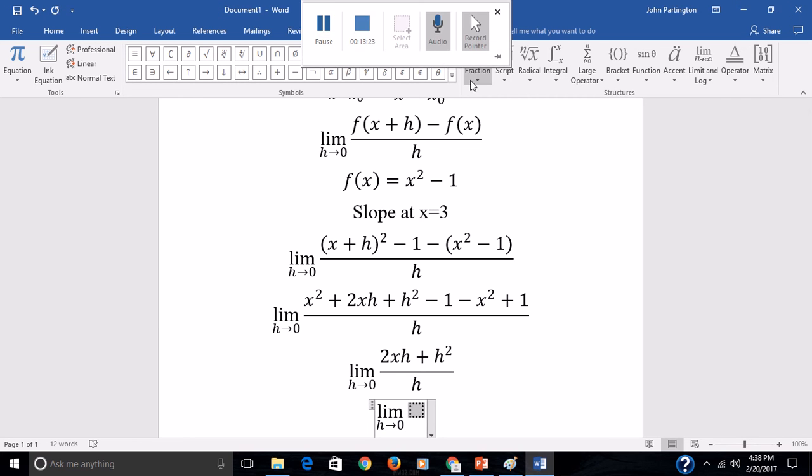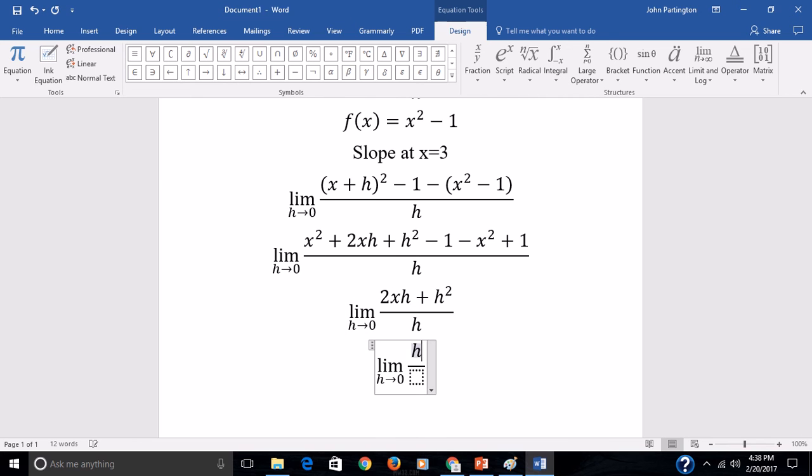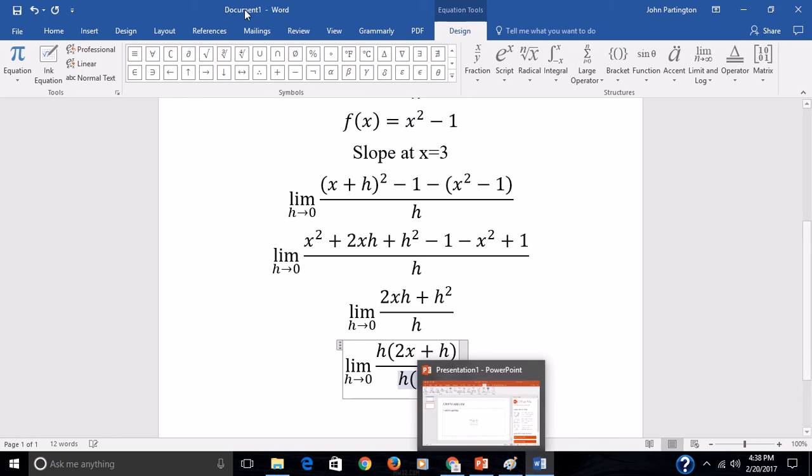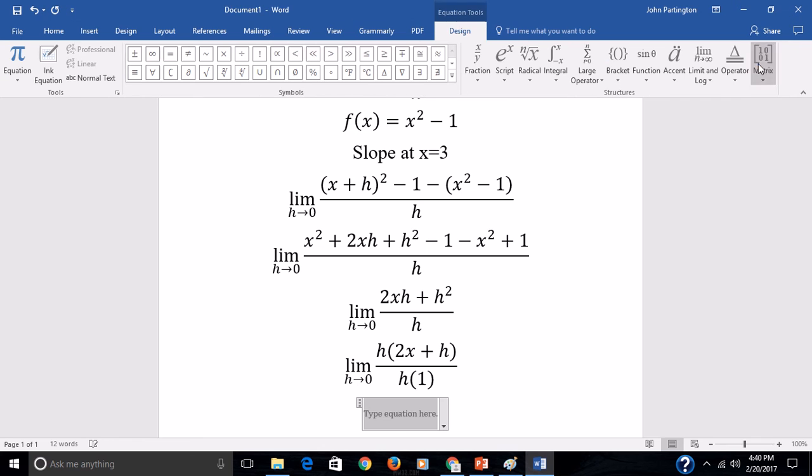Now we can take out a factor of h on the top and on the bottom. So we're going to have h times 2x plus h over h times 1. Now these h's will divide out, and we're left with something that we can easily evaluate.